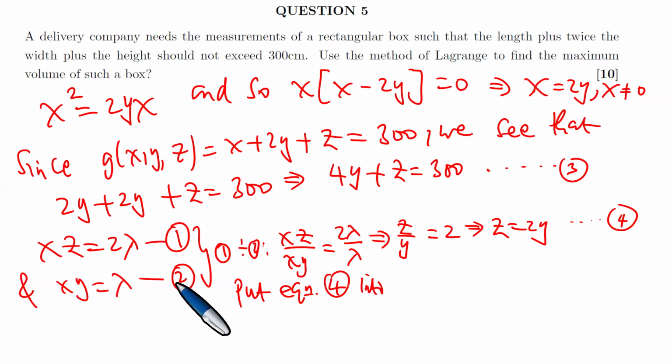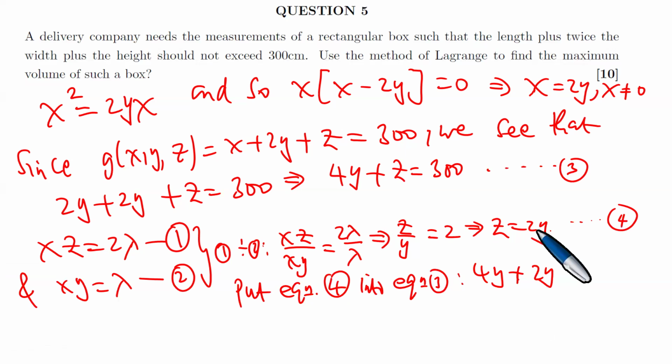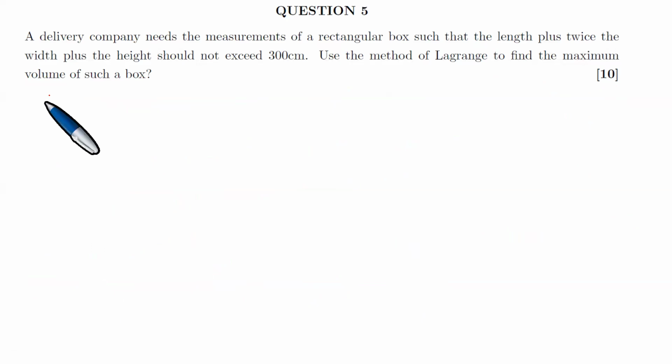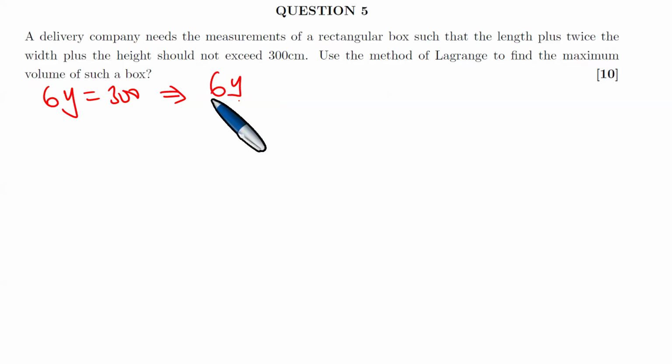Right, so you put equation 4 into equation 3. Okay, so we have 4y plus, what is z? Z is 2y, equals 300. 6y equals 300. If 6y is 300, we want to get y, so you divide by 6, both left and right.